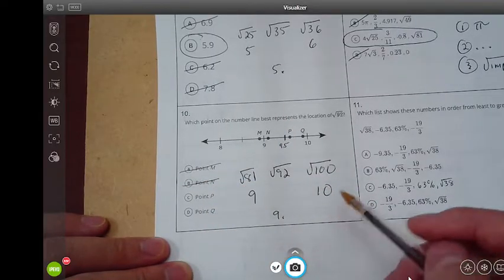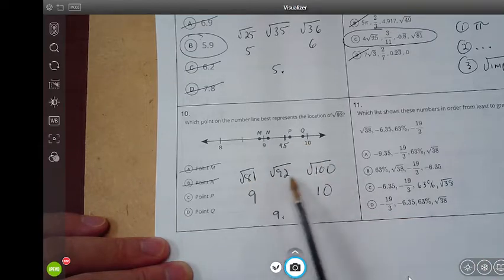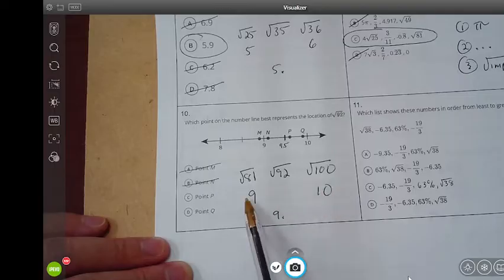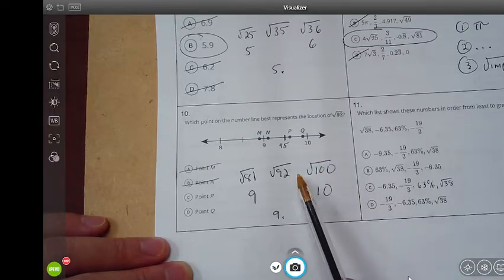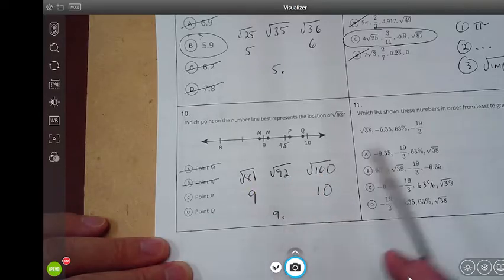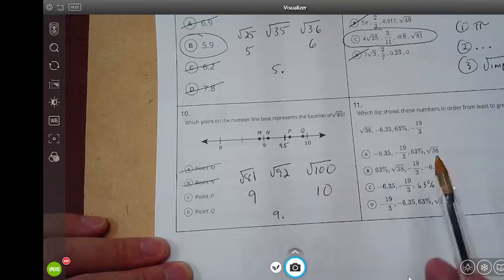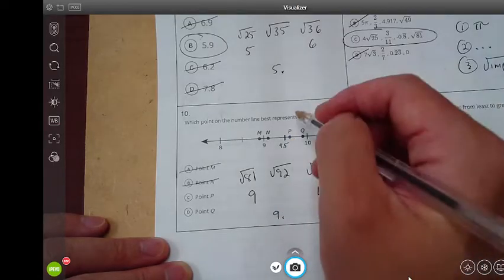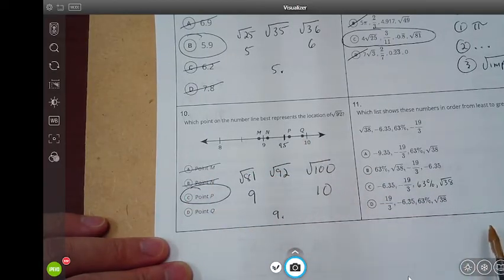So it's bigger than 9.5, but it's kind of in the middle between 9 and 10. It's not really close to 10, not really close to the square root of 100. It's kind of in between, kind of in the middle of 81 and 100. It's near the middle. So P is the one you want to choose for this one. Q is a little bit too close to 10.